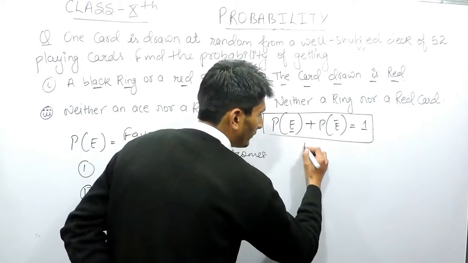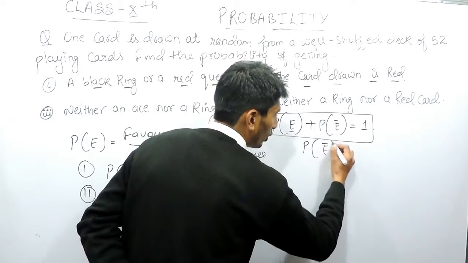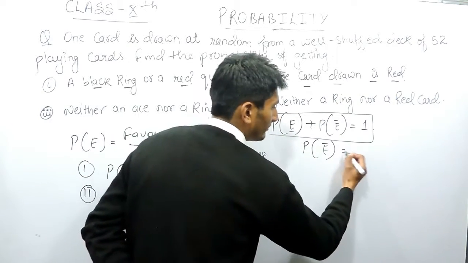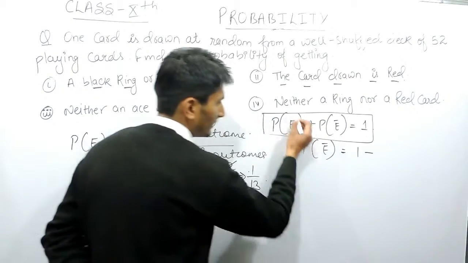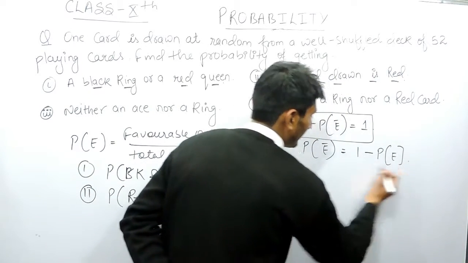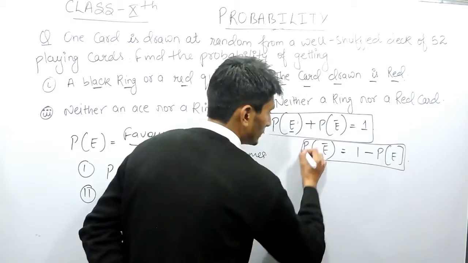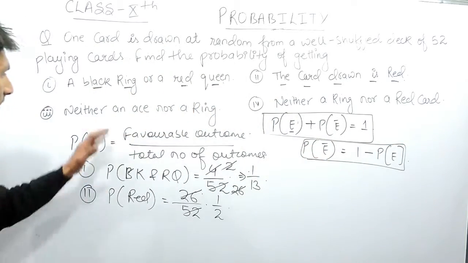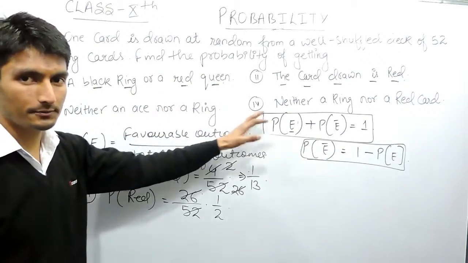So if I want to find the probability of an event not happening, that will be equal to 1 minus the probability of that same event happening. We'll use this formula to find the remaining 2 parts here.